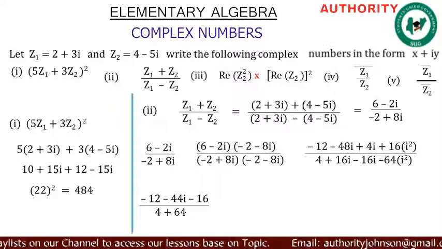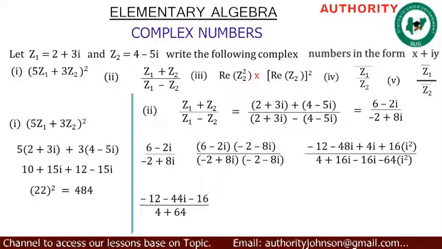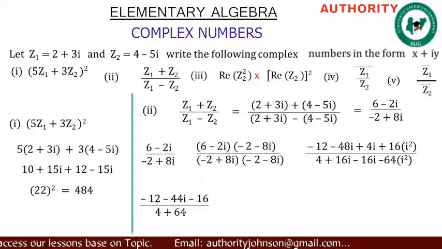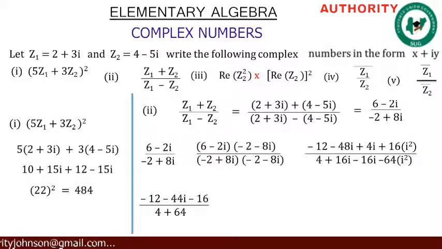All over, in our denominator, plus 16i minus 16i is equal to 0, and then minus 64i squared. i squared is minus 1, so minus 1 times minus 64 gives us plus 64. So we have 4 plus 64.